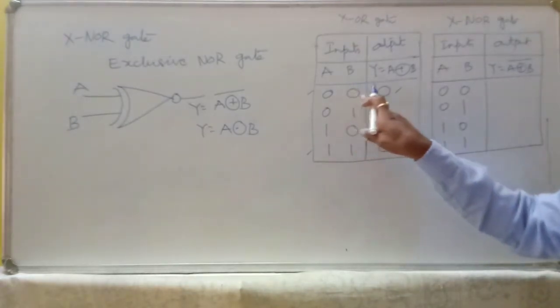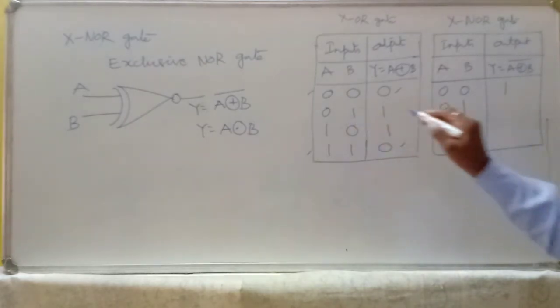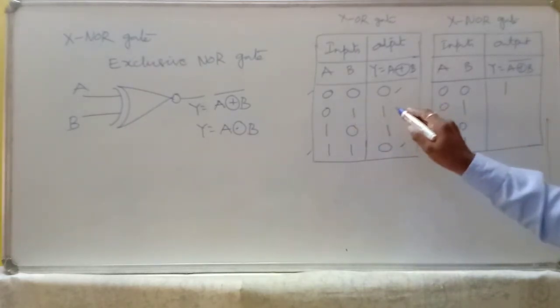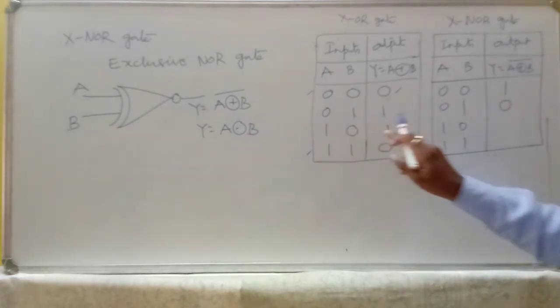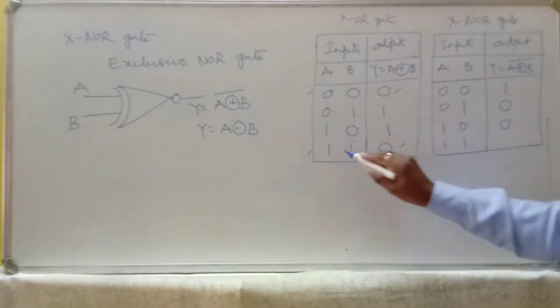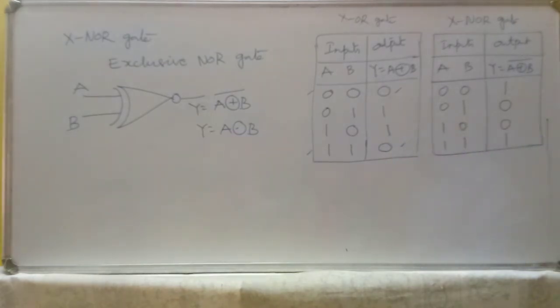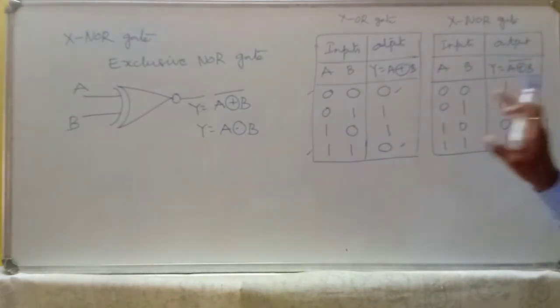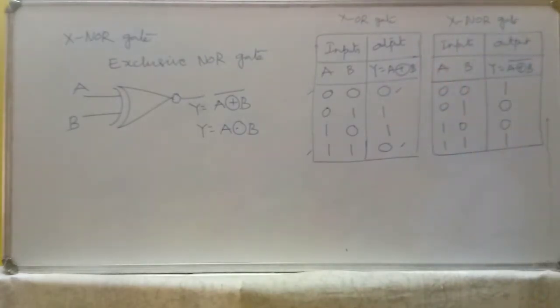For 0 0, in the XOR gate it is 0, but here it is 1. For 0 1, the output is 1 in XOR gate, but here it is 0. For 1 0, it is 1 in XOR, here also 0. For 1 1, in XOR the output is 0, but here 1. It is the complement of the XOR gate.